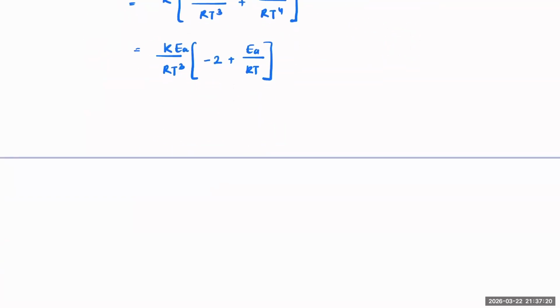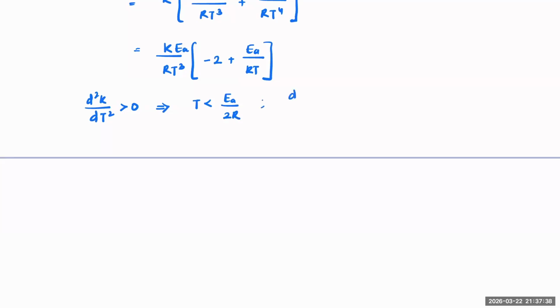Now here we got these two factors. One is if d square k by dt square has to be greater than 0, which implies T has to be less than EA by 2R, correct?